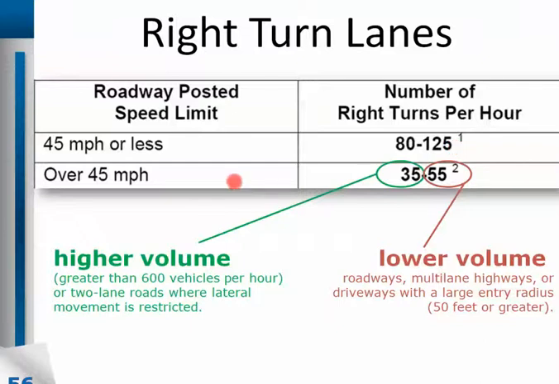And for those over a 45-mile-an-hour speed limit, you can see that it decreases, because the importance of a high-speed road not having to slow down for every person going into a driveway is more important. On a higher speed road, people are not expecting as many people to slow down to turn right.